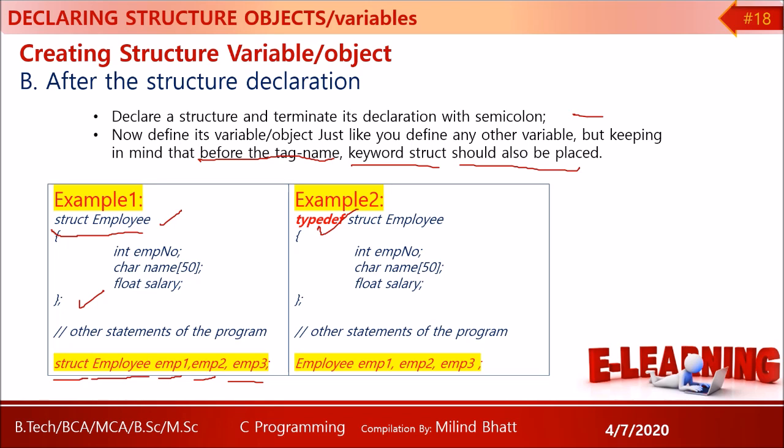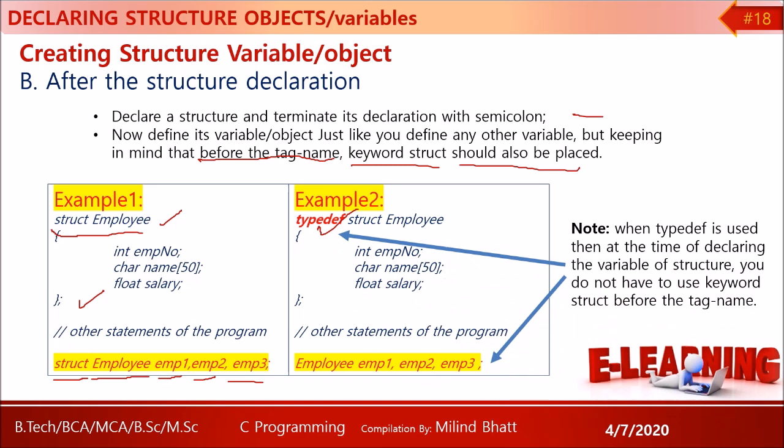That means you use the tag name directly and then all the variables of it. Note that when typedef is used, at the time of declaring the variable of a structure, you do not have to use the keyword struct before the tag name.